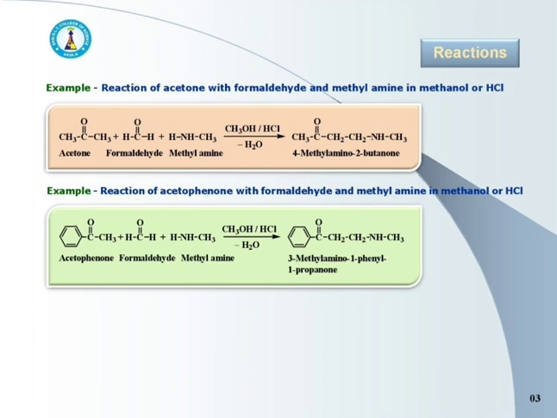Acetone reacts with formaldehyde and methylamine in presence of methanol or HCl to get the Mannich base 4-methylamino-2-butanone.